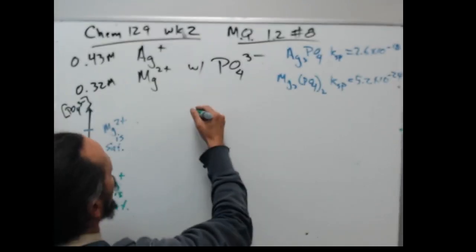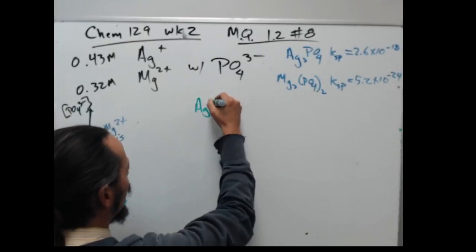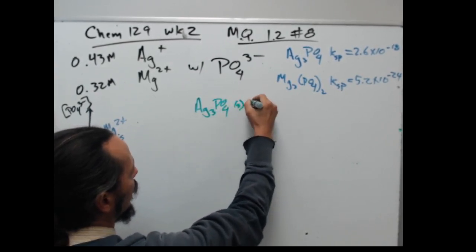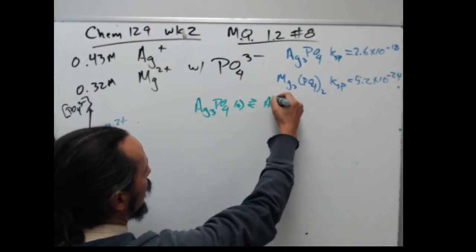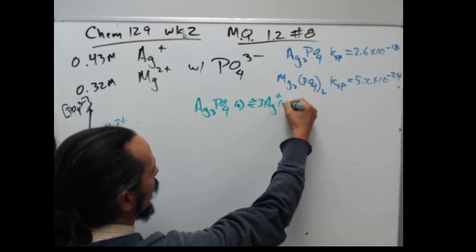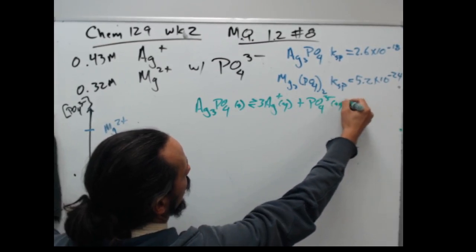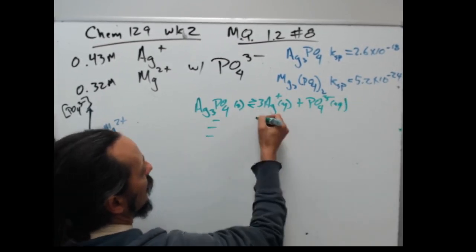We're going to do this with silver, so we've got Ag3PO4 solid, going to 3 Ag+ aqueous, plus PO4 3- aqueous. Not worrying about that.